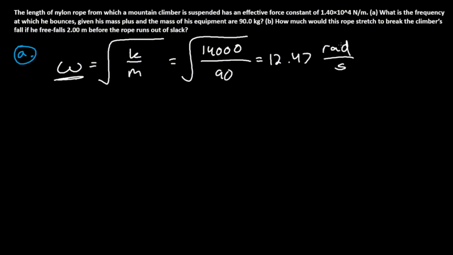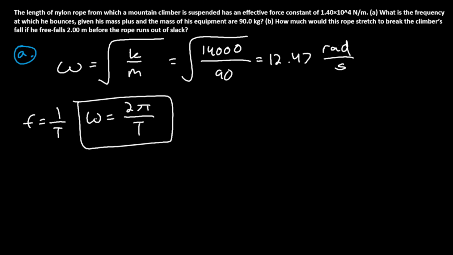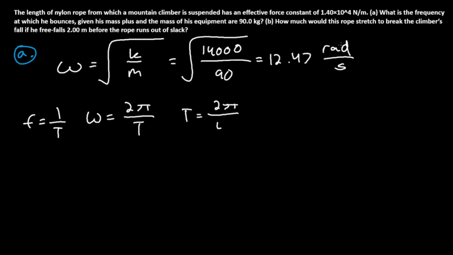So angular frequency has a relationship with regular frequency. Well, remember that regular frequency is 1 over T. So we can actually solve for T based on the angular frequency. The formula to find angular frequency based on T, or the period of your wave, is 2 pi over T. Now we can isolate your period to get 2 pi over angular frequency.